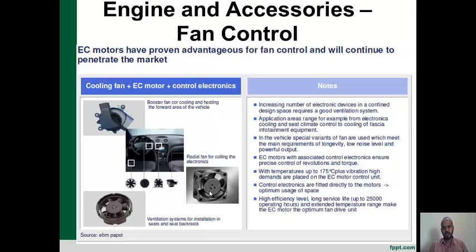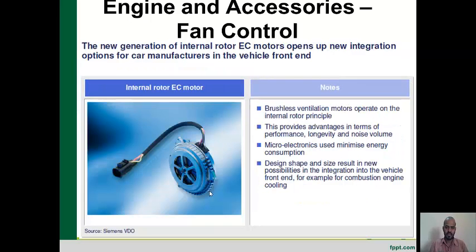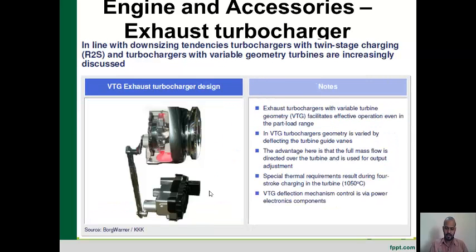But present engines are using fans attached to the crankshaft, so they can't be optimized in real time. For that, electric fans are used, controlled with the help of motors through the engine management system. And similarly the exhaust turbocharger.